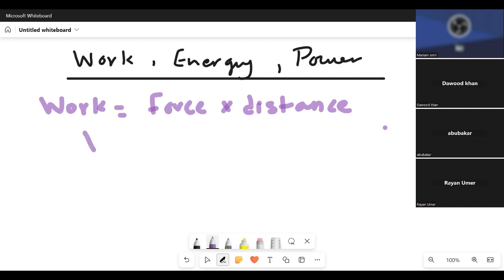Or in short, we'll say work is equal to FD. Unit is going to be joules.